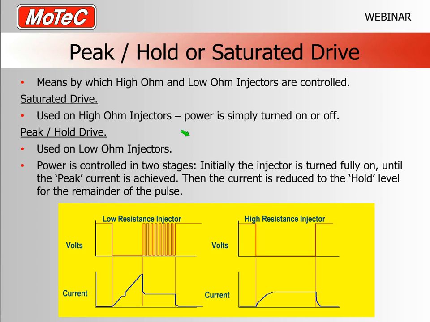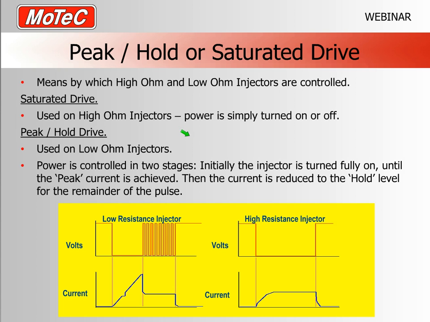And so then we reach a point here which is what we call the peak current, and then the ECU reduces the amount of current and allows the injector to hold a lower current, which may be somewhere like 1 amp, whereas the peak current may be something like 4 or 5 amps. The idea here is that it takes this high current to open the injector because it's got very low resistance.